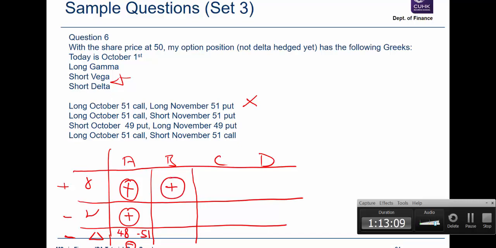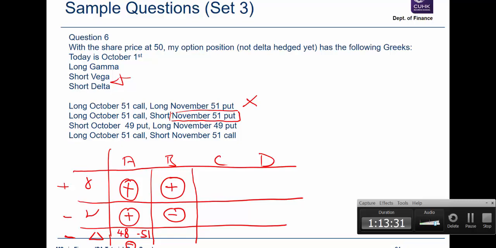It is true. And the longer-term option would have more Vega than the shorter-term option, so you will be short Vega. So far this looks okay.